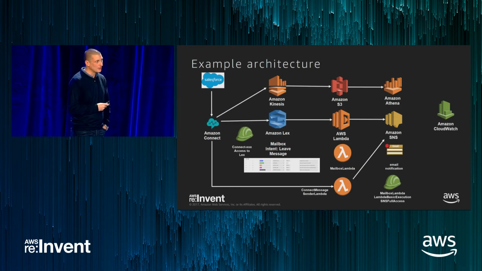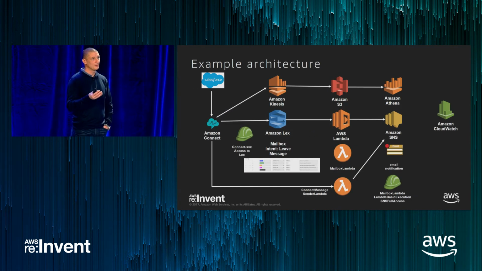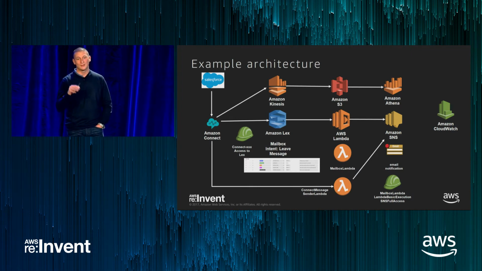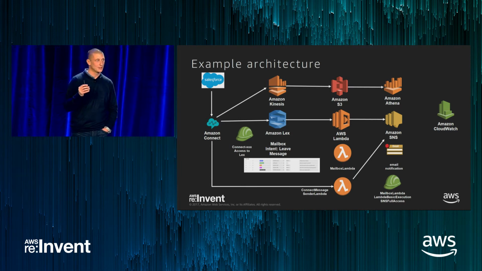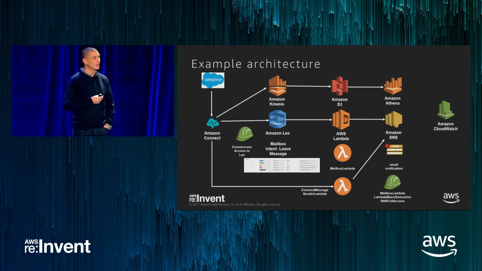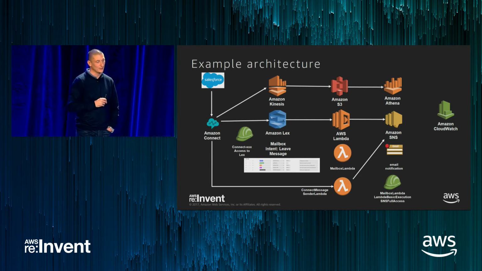Now this is an architecture that we've built up with a customer recently. As you can see, this is integrating into a range of the underlying AWS services. We were using click-to-dial interfacing with Salesforce. Connect was managing the contact flows.